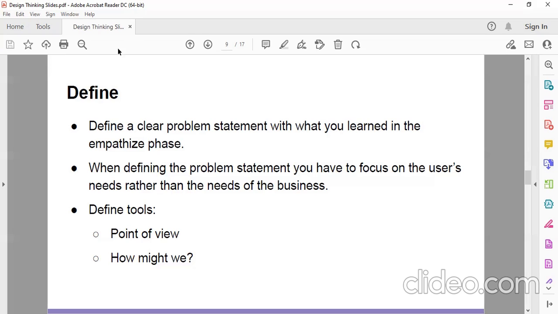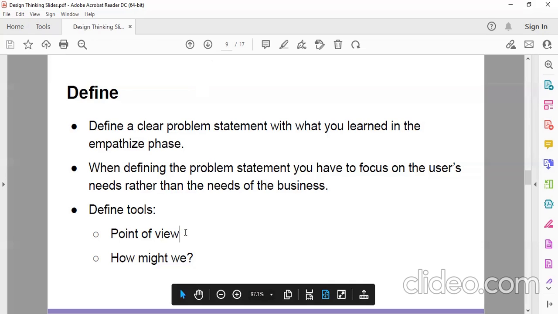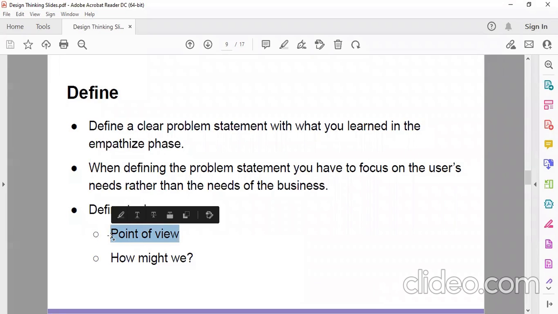Okay, so here we have to think about the user, then their need, then insight. Okay, so here in the point of view, first the user will be taken.